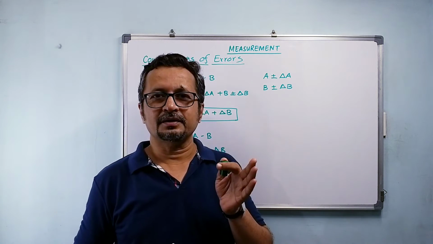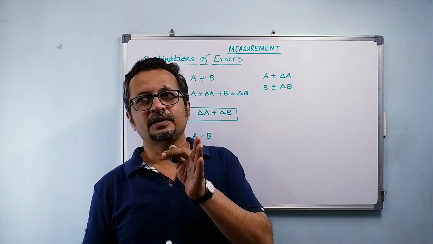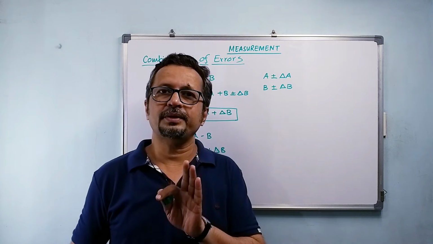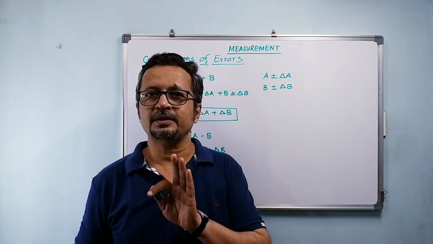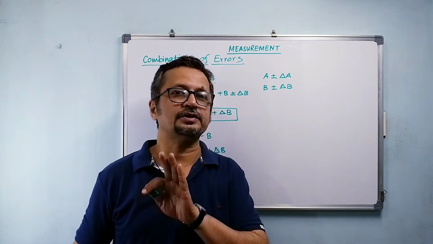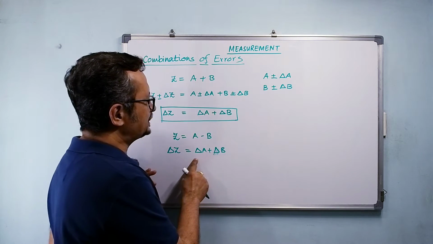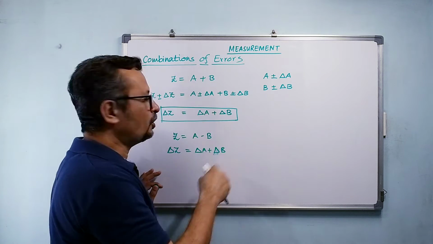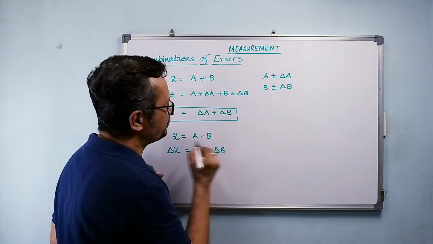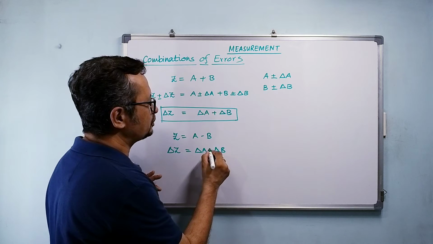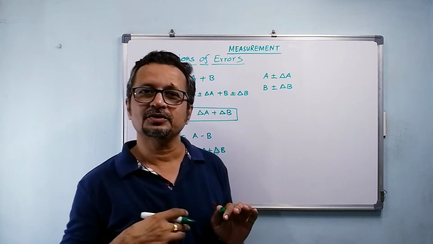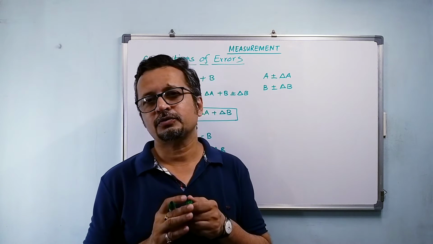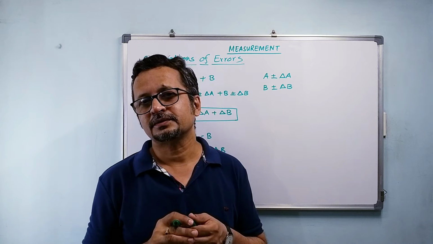My A goes to the negative side, and for B it is going to be positive, but then minus delta A minus of minus delta B is going to be equal to plus, isn't it? So minus and minus.